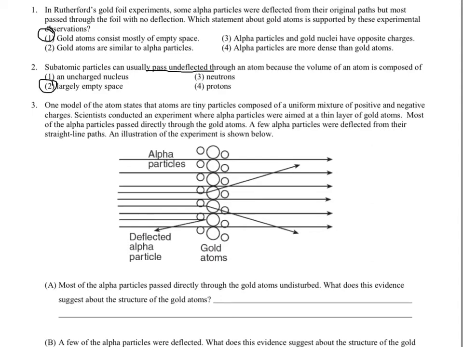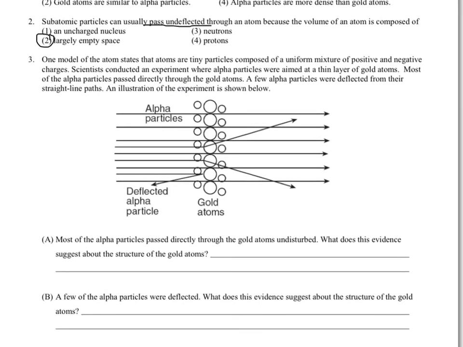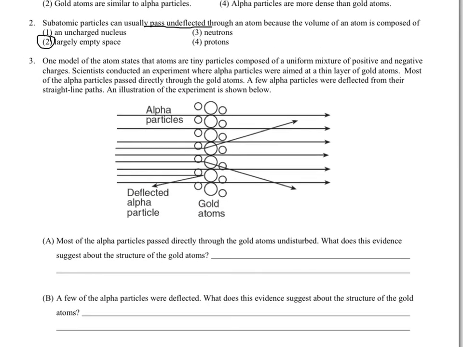Now, in question number 3, we see, again, a summary first given of the gold foil experiment, and then we were asked to make some conclusions. So in part A, it asks us to conclude about the structure based on the fact that most of the alpha particles passed directly through. So here, directly through is the important part.